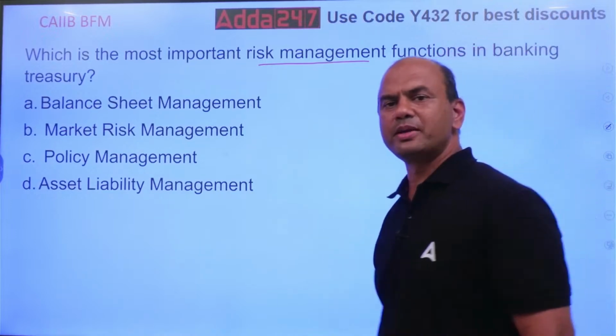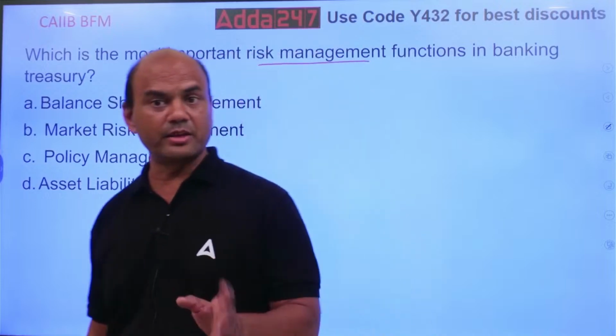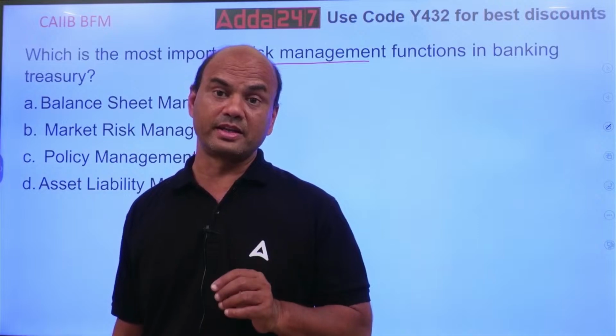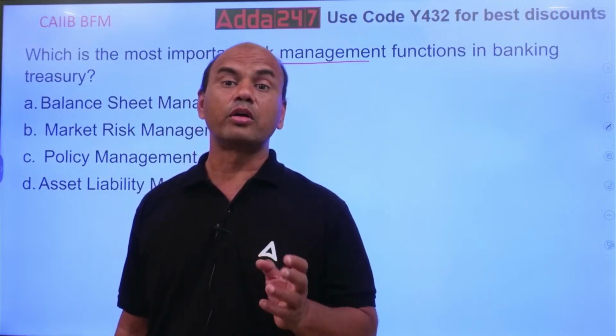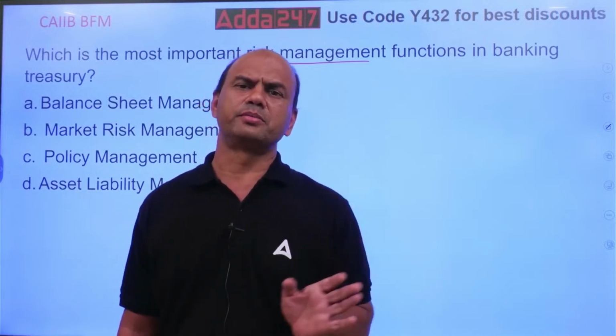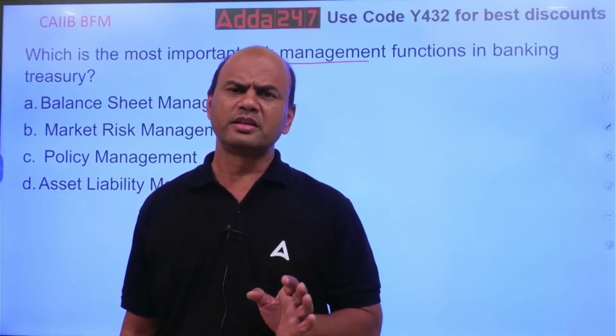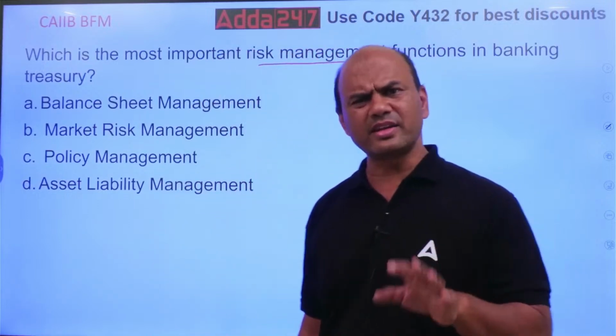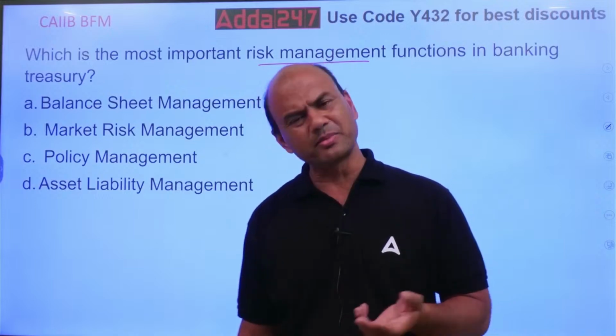Here, always remember, treasury of any bank, the main job of treasury is always to measure or monitor short-term liquidity. Main, very important job. Somebody might argue that short-term, long-term is also required. It is required. Who says no? Long-term liquidity is also required.